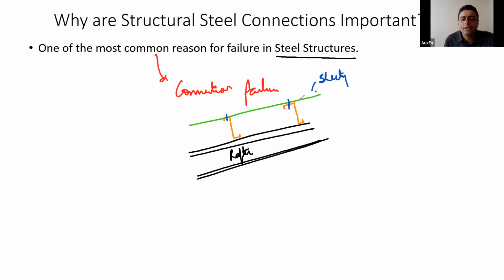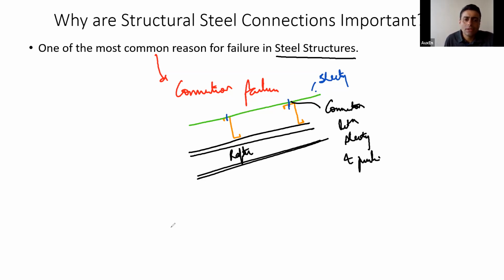So what had happened? The entire structure was standing strong enough. What had failed? The failure had happened at the connection level. The connection between the sheeting and purlin had actually failed. Because of the failing of this connection, the entire sheeting had just blown away.